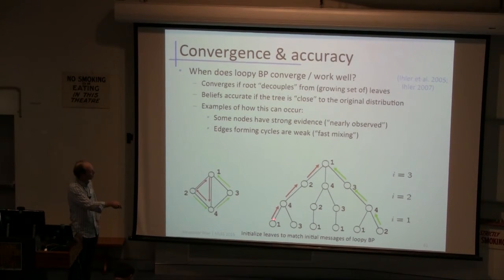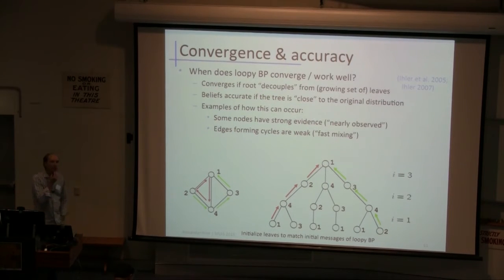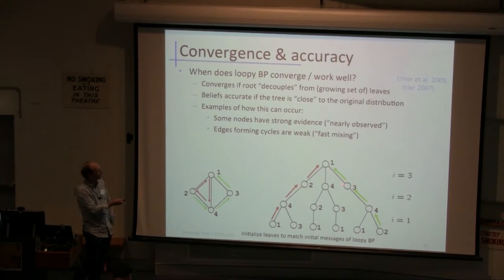But if the relationships here, 1 to 4, 4 to 2, and 2 to 1, are relatively weak, then this will look fairly tree-like compared to this. And so, in fact, this turns out to be quite similar to things like mixing rates in Markov chains. Or if we have very strong evidence about some of the variables. So if we know very nearly the values of our neighbors, then that will create a Markov blanket that cuts this node off from its cycles and makes it accurate.